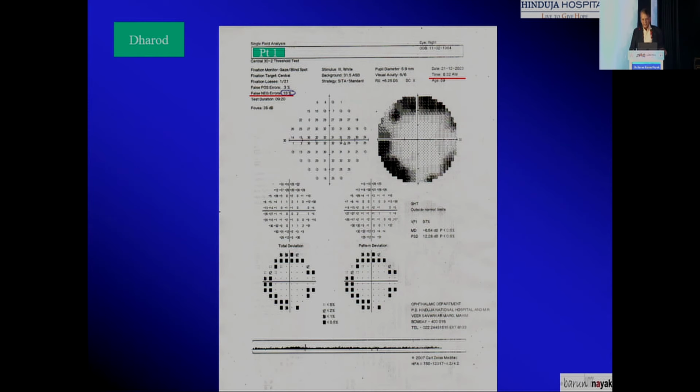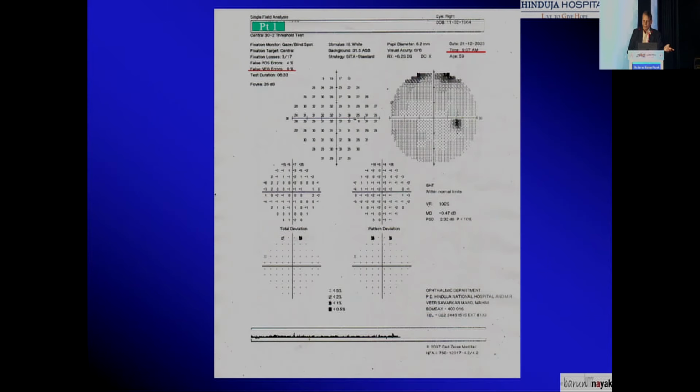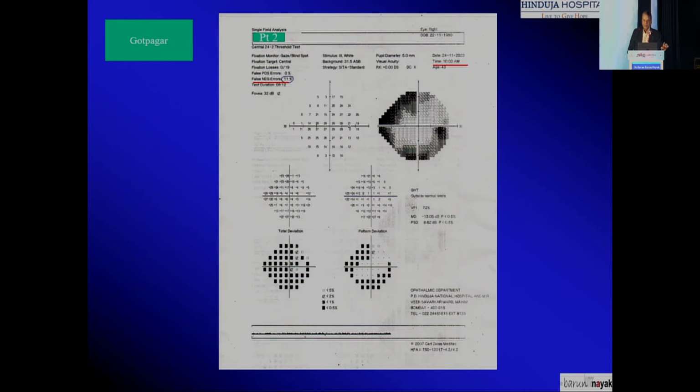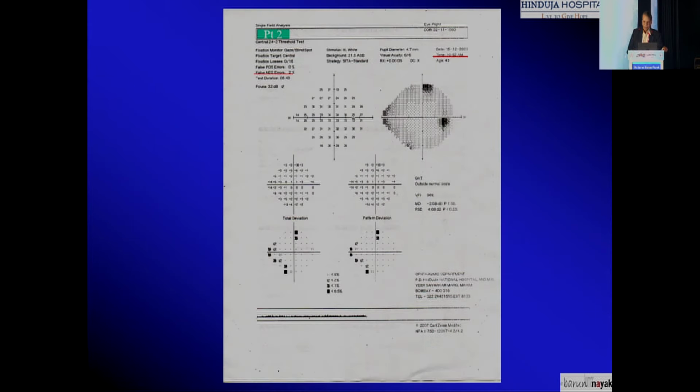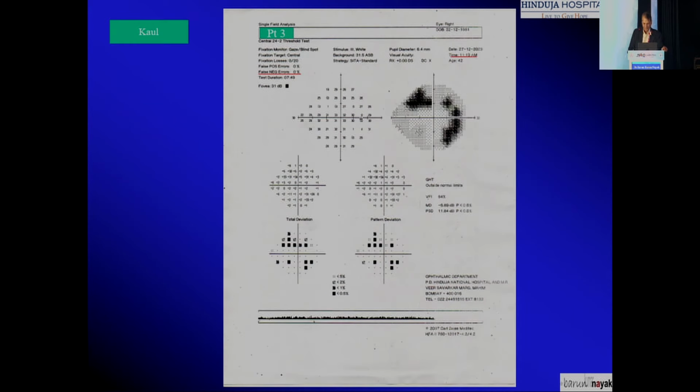Now this is the first test. I have marked the timing and the date, but the false negative error was high. The same test, just after proper explanation, was repeated after 5 minutes, and this is the field. So you can see the difference. Sometimes I have seen doctors start treatment on just one field, considering it advanced glaucoma, and the patient doesn't have it. This patient was also repeated after proper explanation, and this was the field.